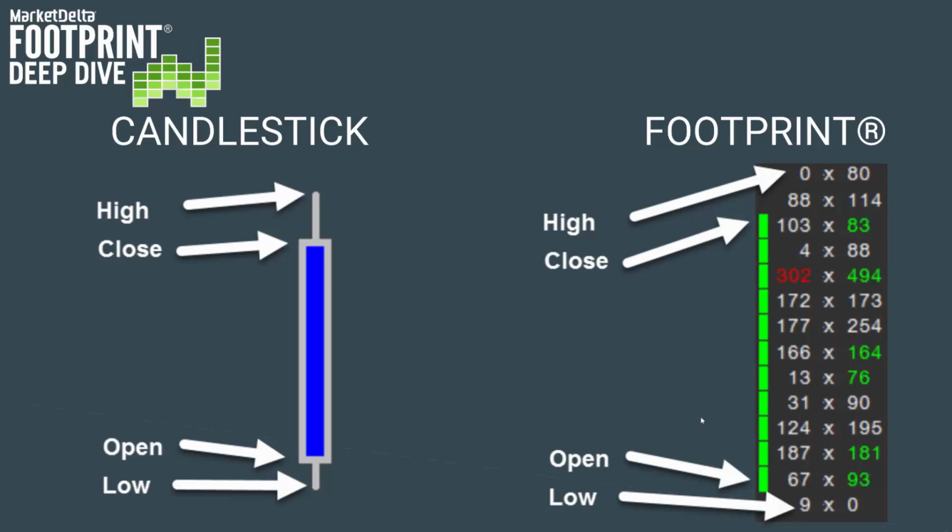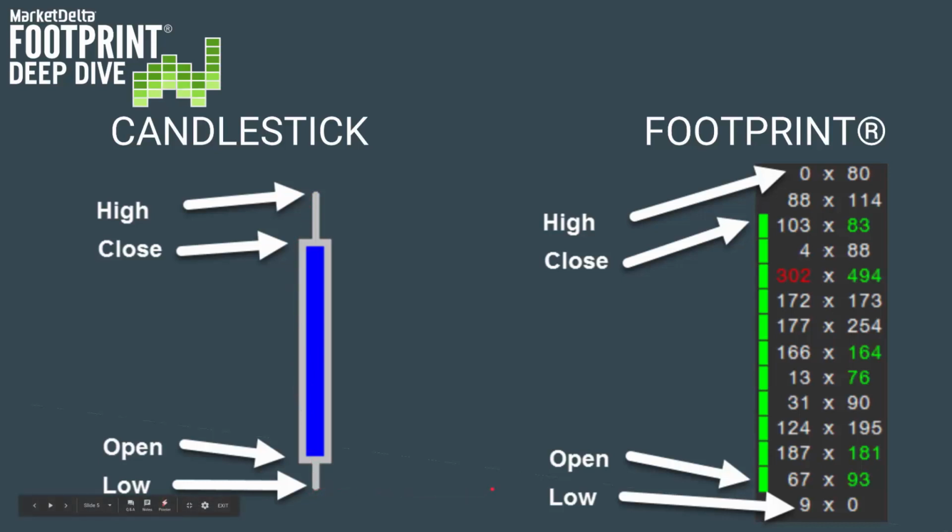Okay, so let's take a quick look at the difference between a candle and a footprint. All I want you to understand here is they're very similar in terms of what they show with respect to the core fundamentals of a candlestick or bar. So let me turn on my laser pointer, and you can see with a candle you've got the open here, it closed here, got the high right here and the low down here.